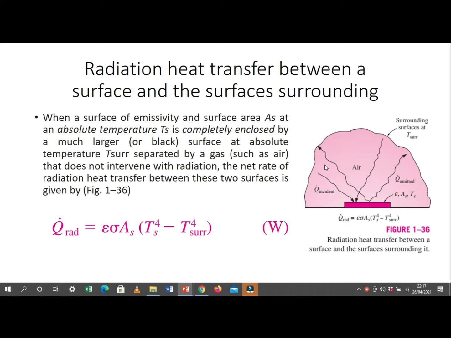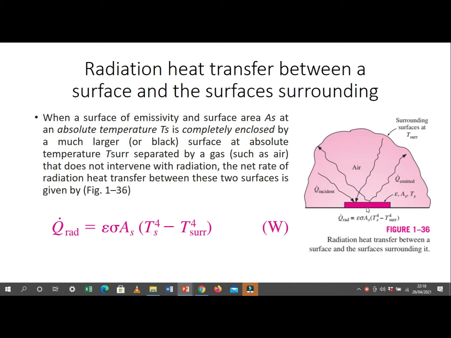Let us try to understand the radiation heat transfer between a particular object and the surrounding surface. This object has the emissivity epsilon, and it has a surface area AS, and its temperature is TS.